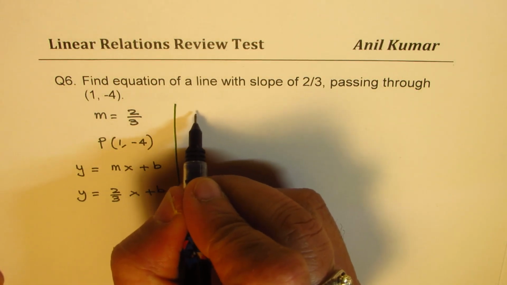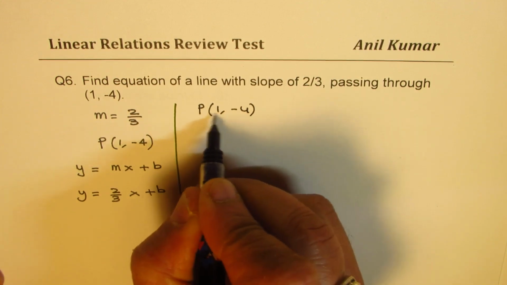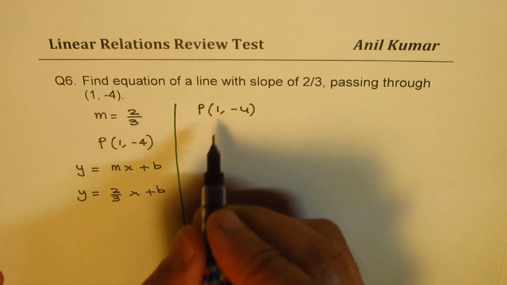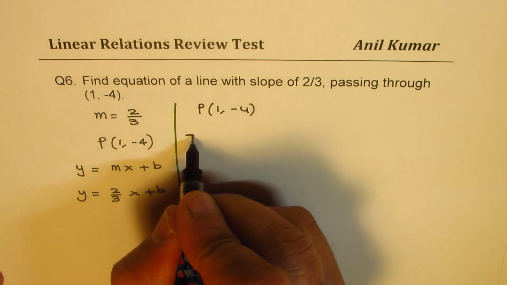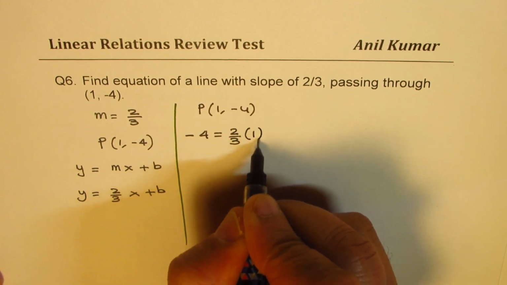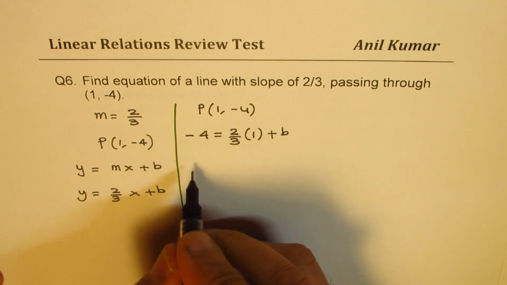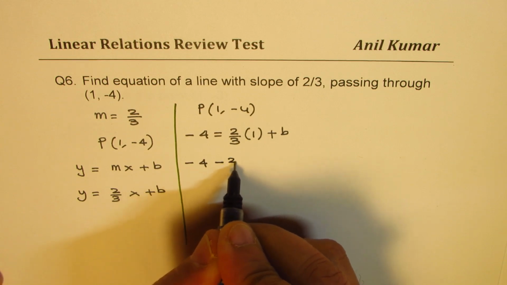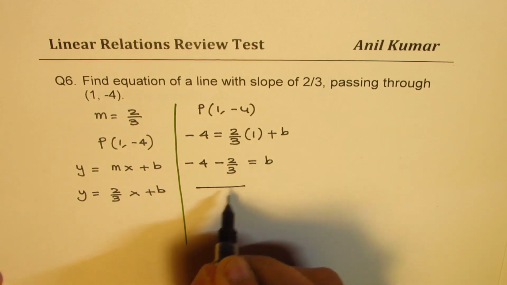So what we will do here is plug in the values of x and y as 1 and -4 in this equation, right? So we'll write -4 equals 2/3 times 1 plus b. Correct? Now it can be taken to the left side, so we get -4 minus 2/3 equals b. The common denominator is 3, right?